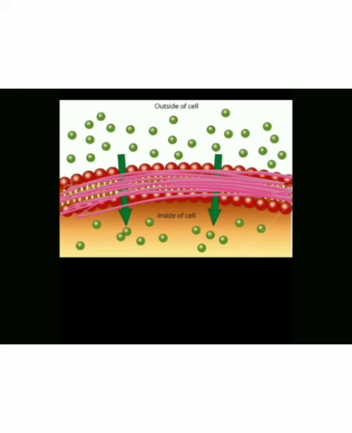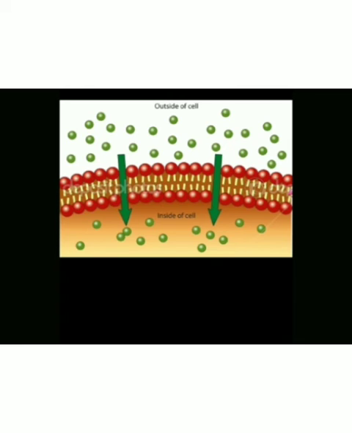This is very important, and that's why we call the plasma membrane selectively permeable. As I told, water also plays a very important role. The movement of water molecules through such a selectively permeable membrane, we call osmosis.